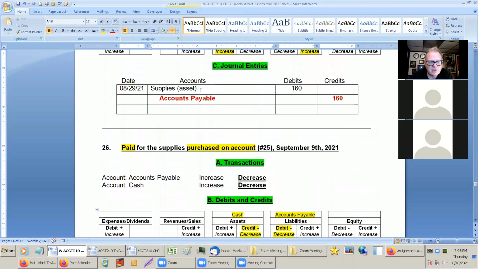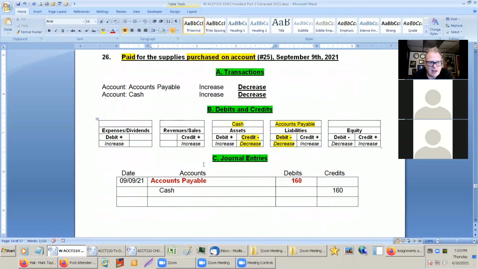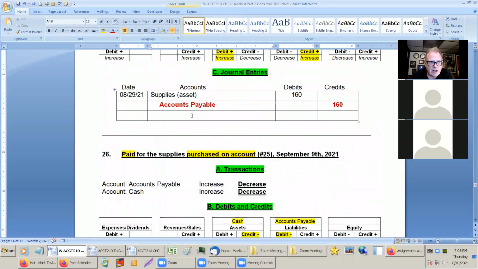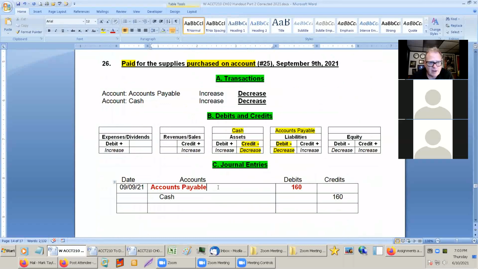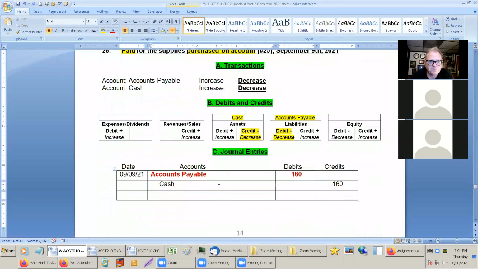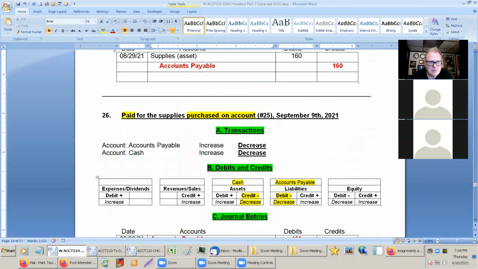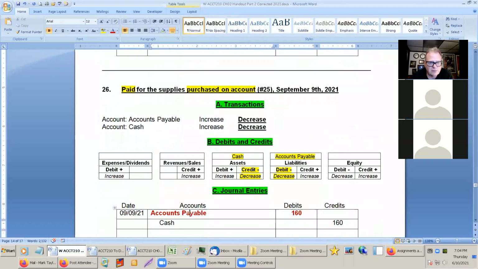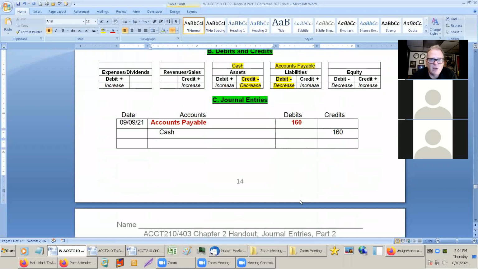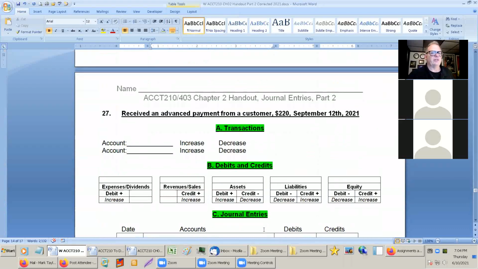So we bought the supplies on the 29th of August and paid for them on the 9th of September. And then this accounts payable goes away. It's going to be debited, it's going to be credited, it's going to be zero. Which we'll learn more about next week.